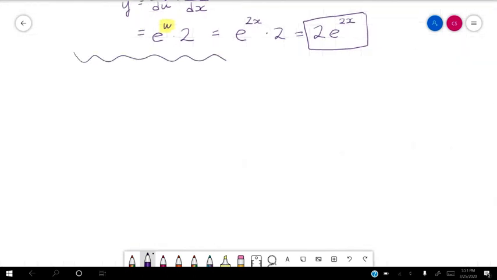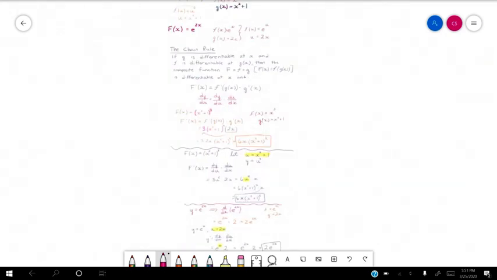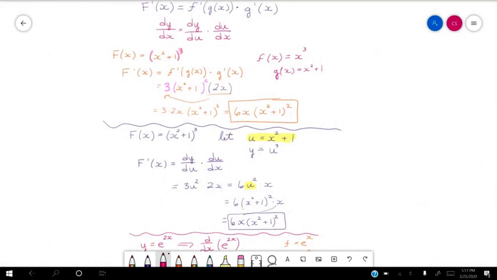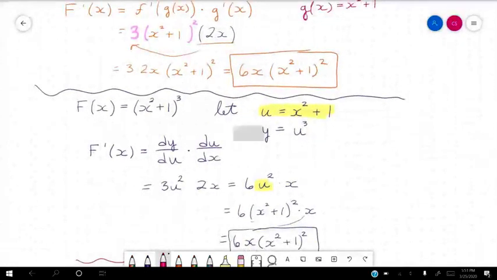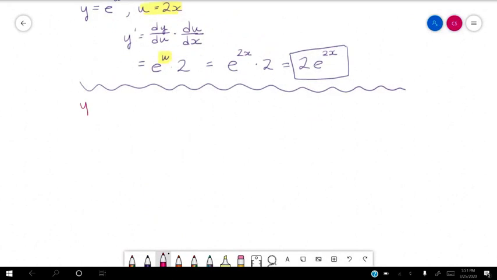We'll introduce some of our trig functions that we just learned. So let's suppose we're going to differentiate. That's what all of these instructions would be, differentiate. And let's suppose that y is equal to cosine of x squared.